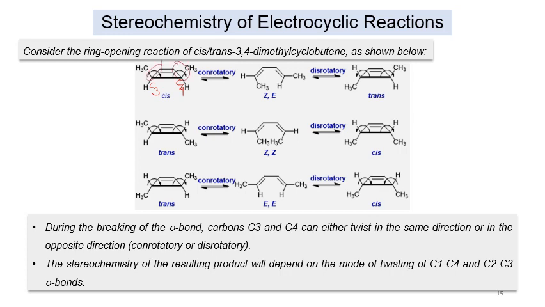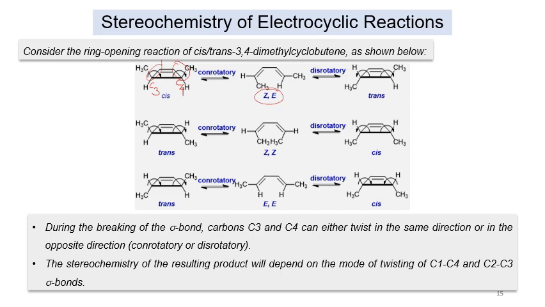If these two sigma bonds are twisted in the same direction, then the stereochemistry of the resulting product is ZE hexa 2,4 diene. Now this mode of ring opening is obviously a conrotatory ring opening.